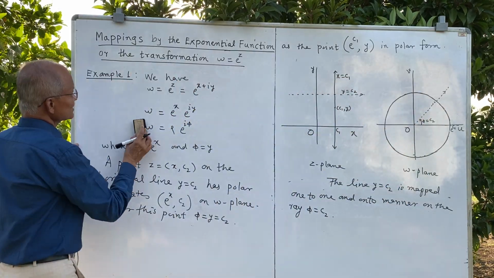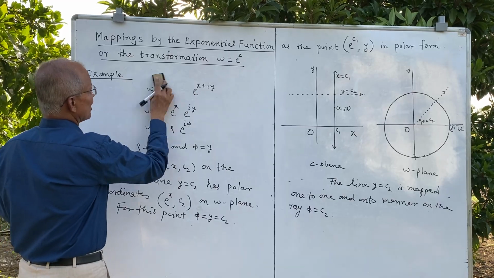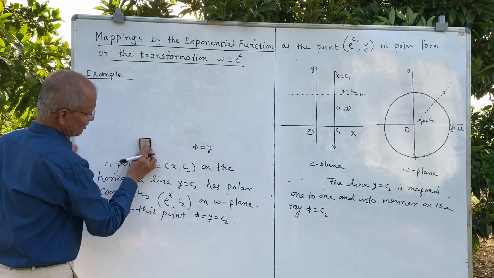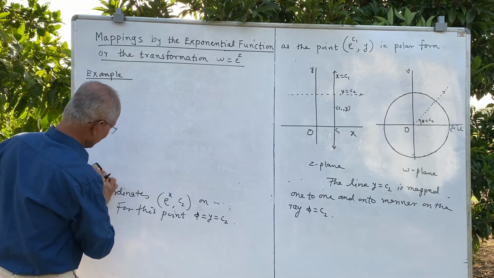Now we shall consider the second example, how a rectangle is transformed or mapped onto the W plane.